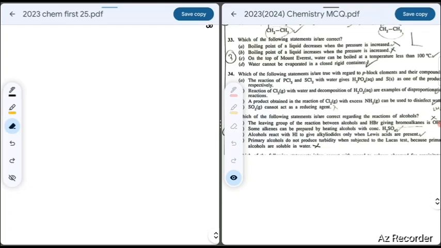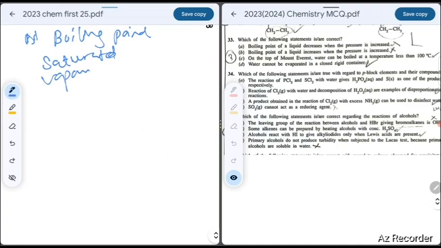So this is regarding boiling point and the temperature. You all know the definition: boiling point means, at the boiling point, the saturated vapor pressure of the liquid is equal to the external atmospheric pressure.